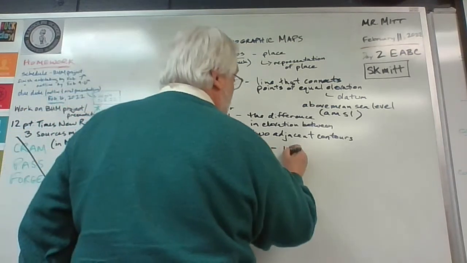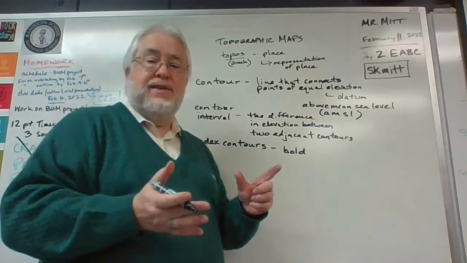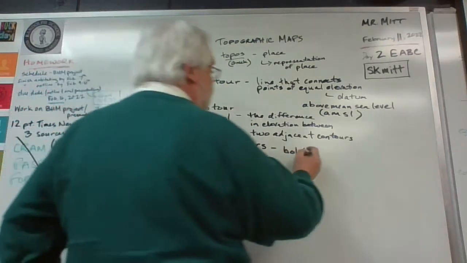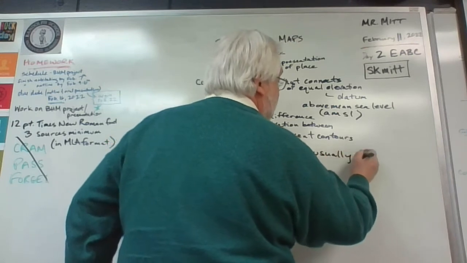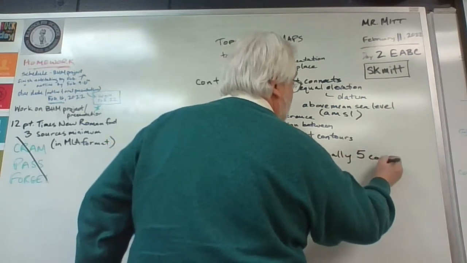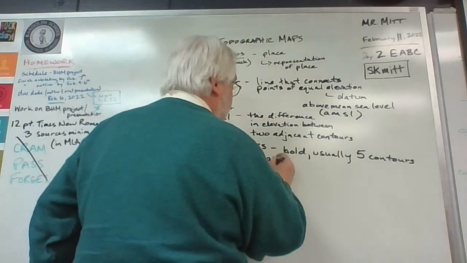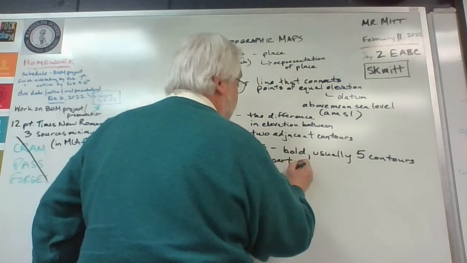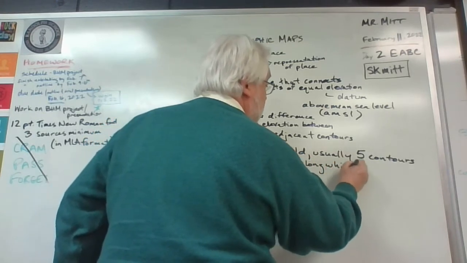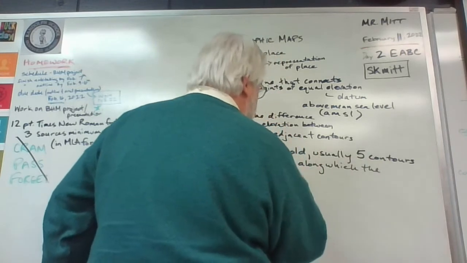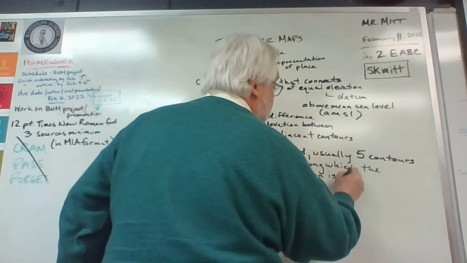These are bold, meaning they're darker than the other contours. Usually, on many maps, they're 5 contours apart, along which the elevation is labeled.